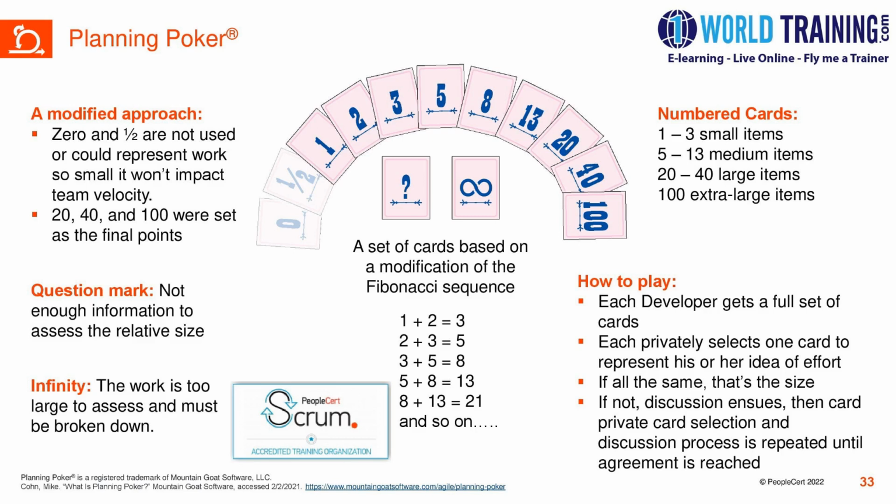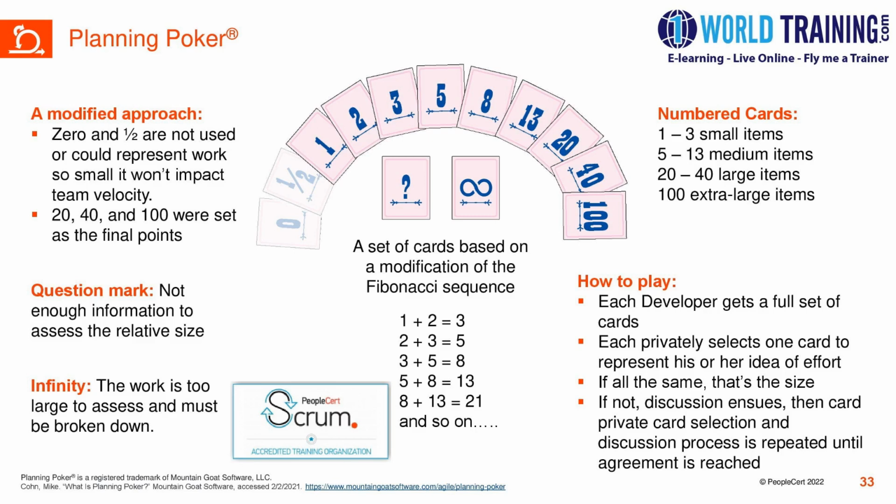Suppose you have to do a very minor tweak or very little customization, you can select the 0 or half card. Practically, it will not impact the overall velocity for doing the work.